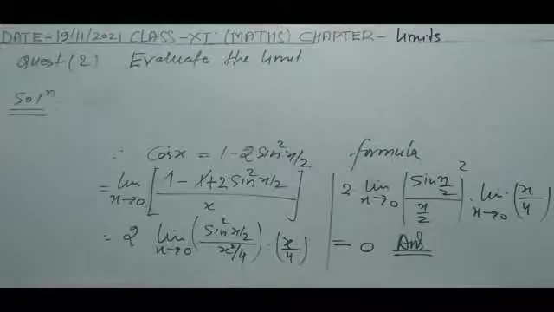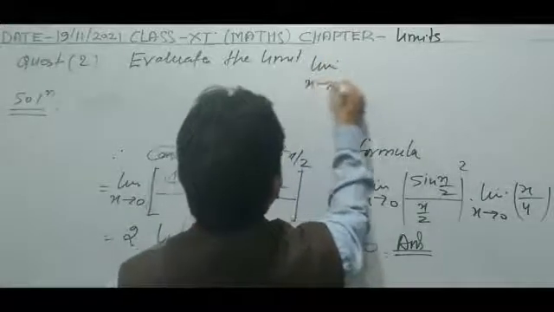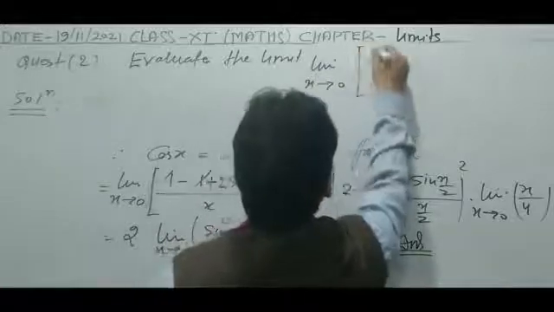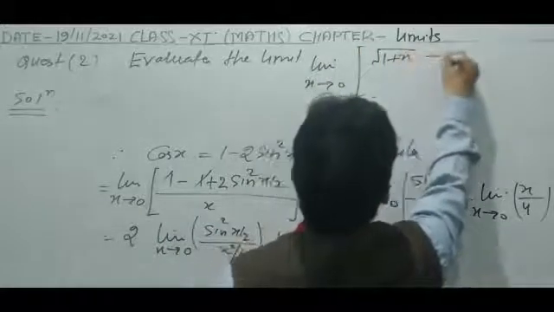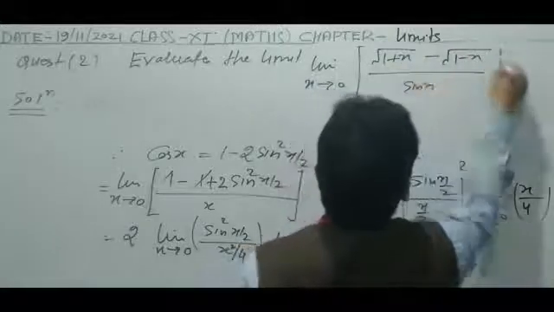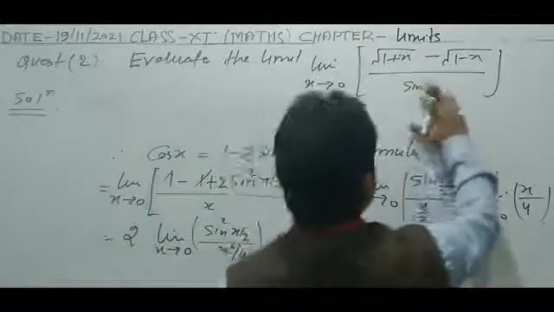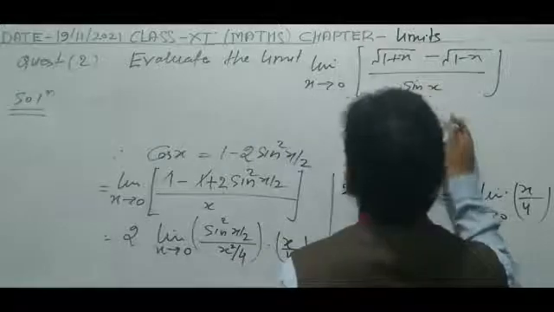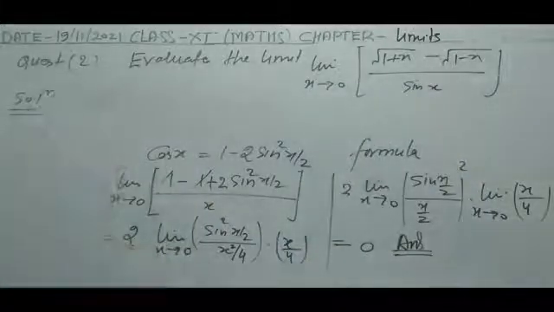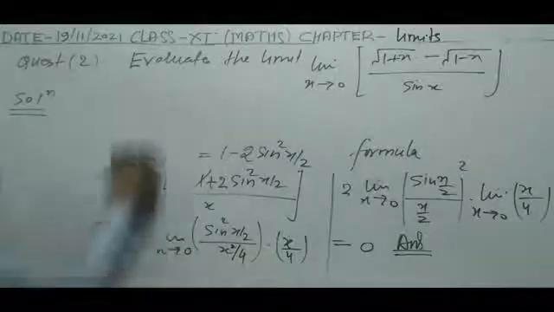Limit x tends to 0, root over 1 plus x minus root over 1 minus x whole upon sin x. So this is second question.